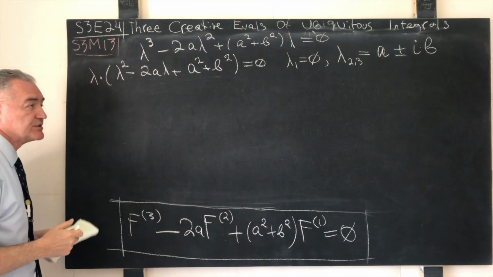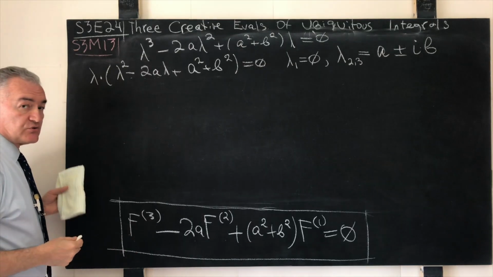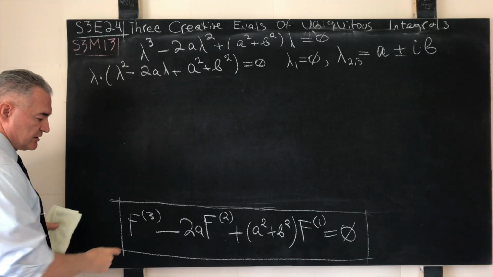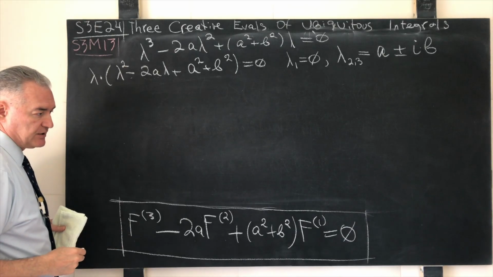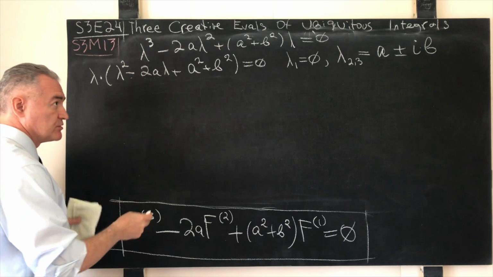And now there is this exciting time to write down a general form of the function that is the solution of this homogeneous linear ordinary differential equation with constant real coefficients.